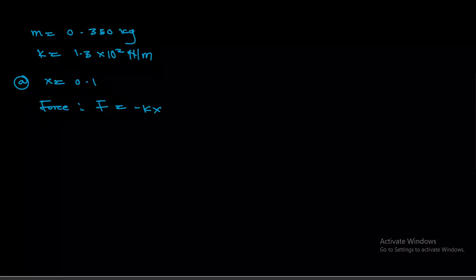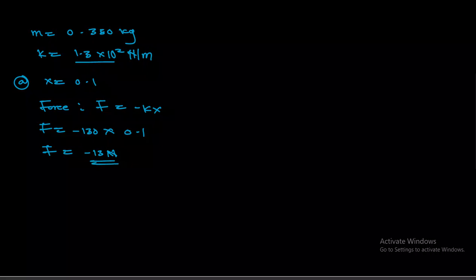So negative 1.3 times 10 to the power 2 is just 130, so negative 130 multiplied by 0.1. So the force is going to be equal to negative 13 newtons.